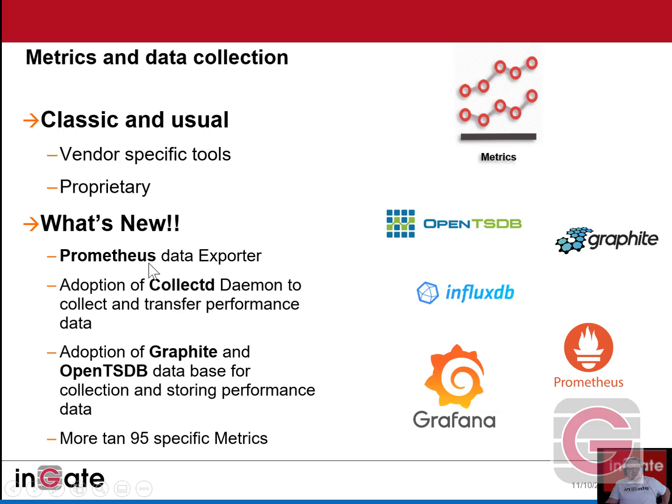One of them is called Prometheus. Prometheus is a data explorer, and it's a way for the Ingate, or any device that has a Prometheus scraper, which is the name usually used.